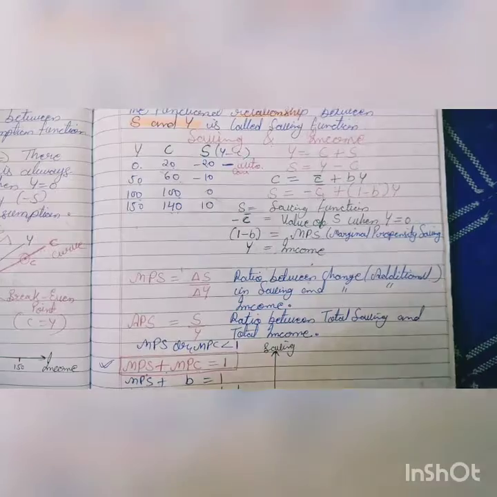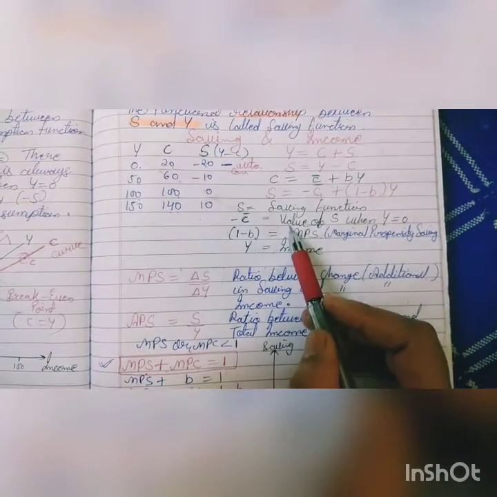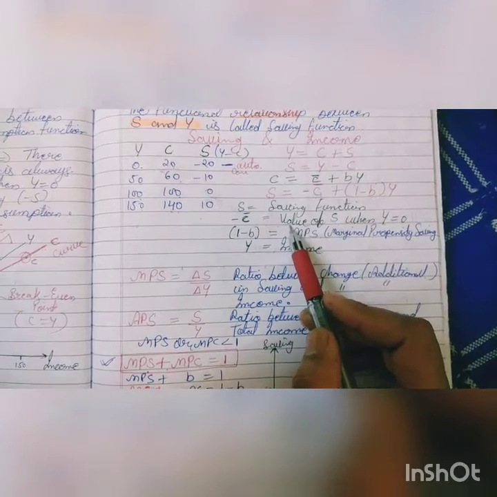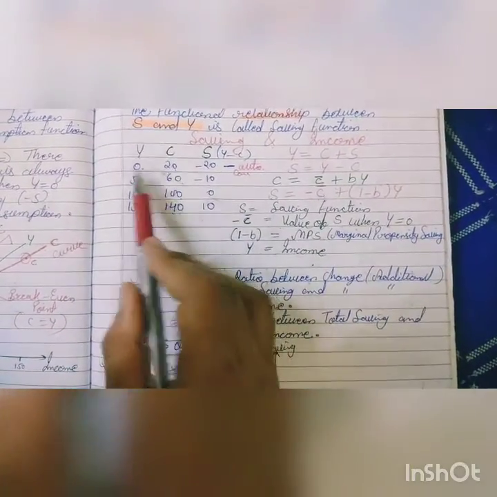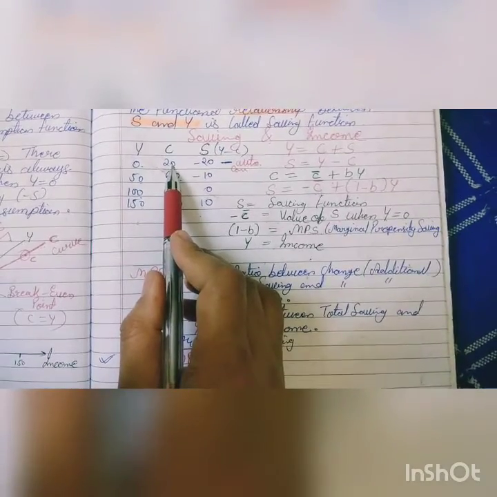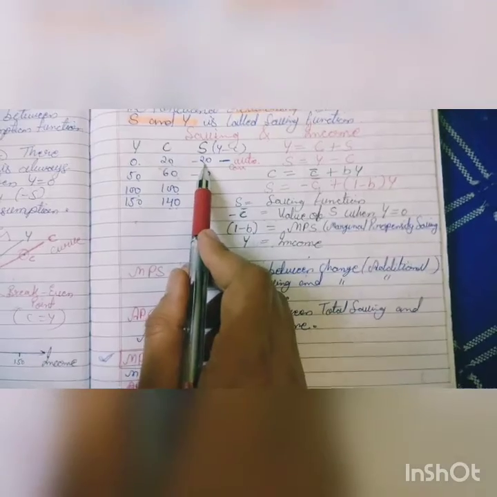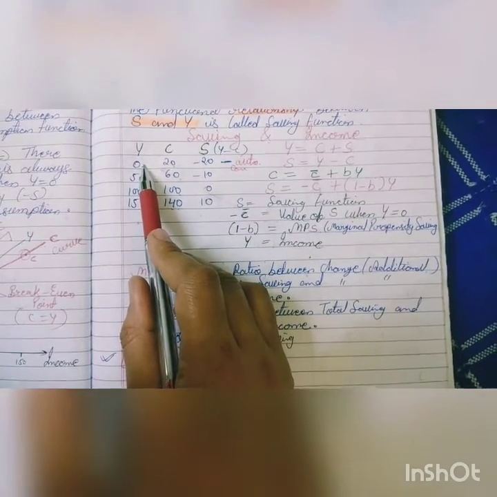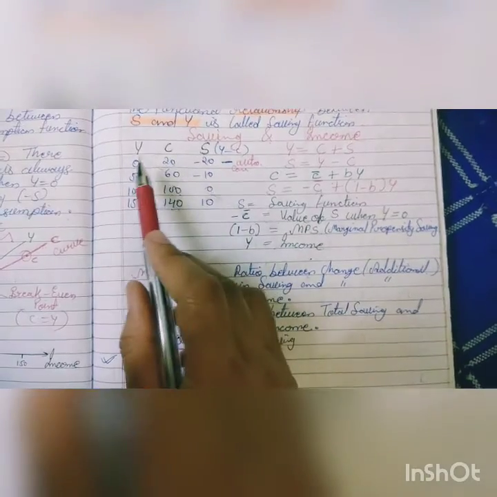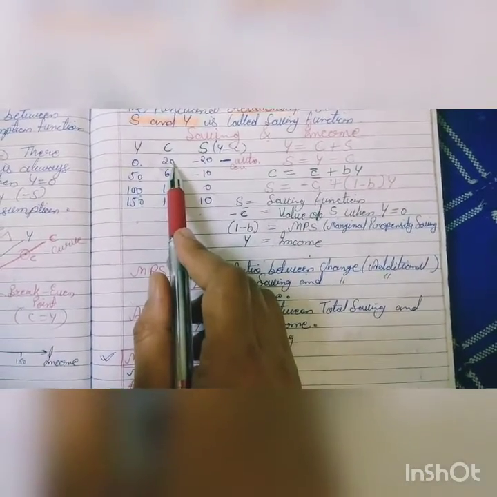That's why saving is negative. When Y is 0, there is a positive value of consumption but a negative value of saving, because we can't save money if we have no income. But there will still be consumption.